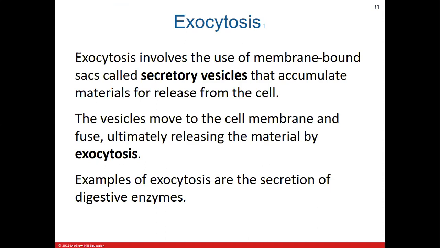Your glands use storage vesicles, and then those vesicles will go through exocytosis, and that helps to release the hormones or the chemicals from the cell out into a duct. Here the vesicles move to the cell membrane and fuse, and that releases those substances out of the cell during this process.